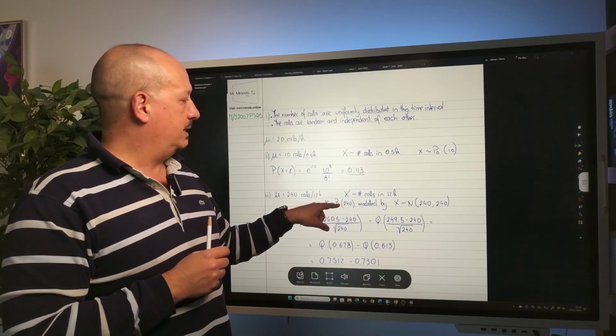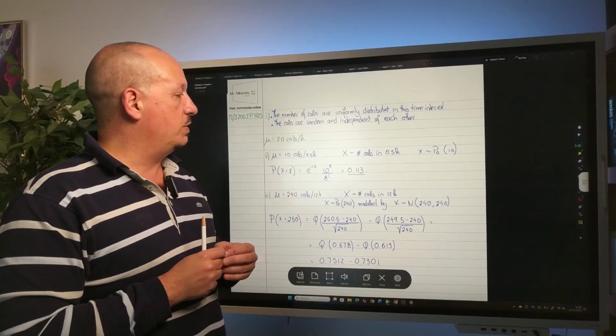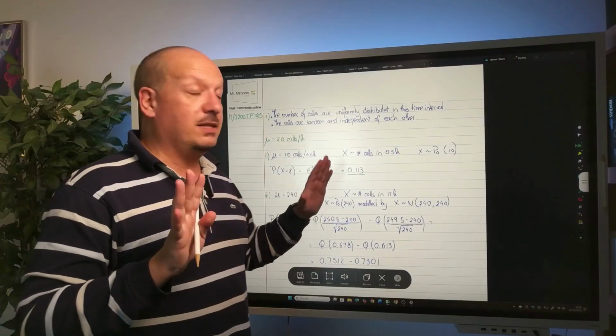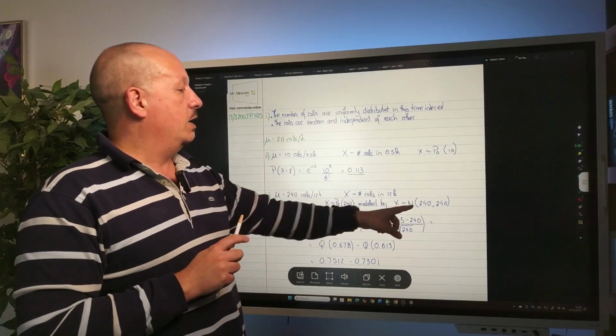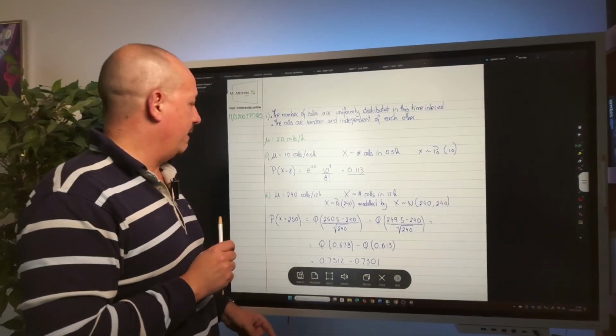This is a bigger number, so the normal approximation can be used. So the normal distribution can be used with parameter 240. This is going to be the mean as well as the variance.